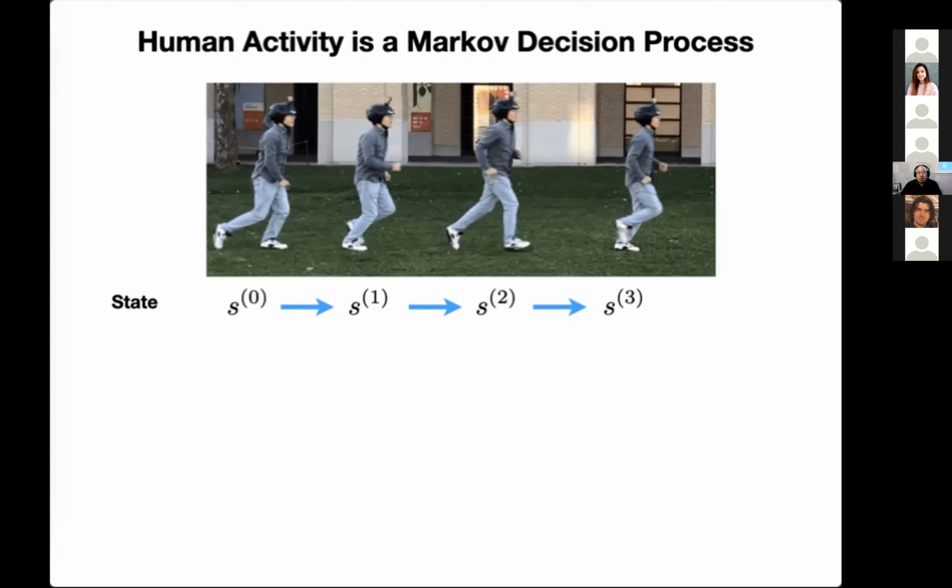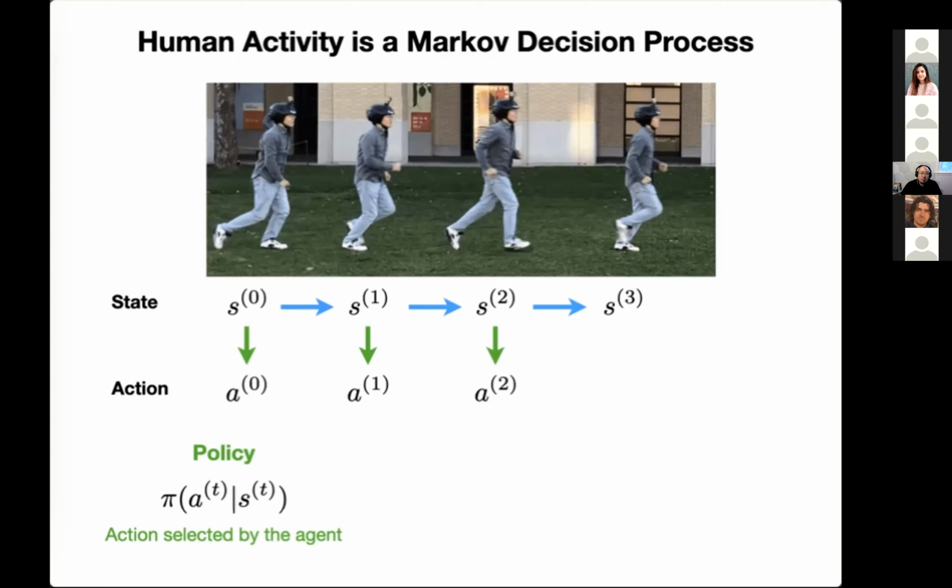We are also going to assume that the agent, who is trying to move from state to state, takes some action according to something called a policy. So what is the policy? You could think of it as a probability distribution, which I'm calling pi, over the actions it could take given the state that it's in.